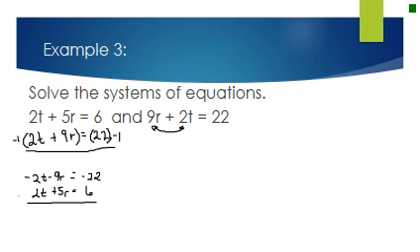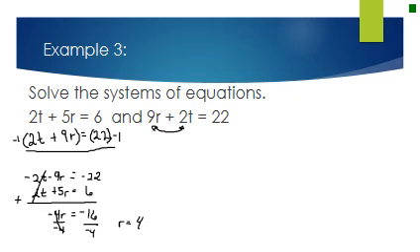So now we can add, and we see that the -2t and the 2t are going to cancel out. -9r plus 5r gives me -4r. -22 plus 6 gives me -16. Divide by -4. And r equals 4.